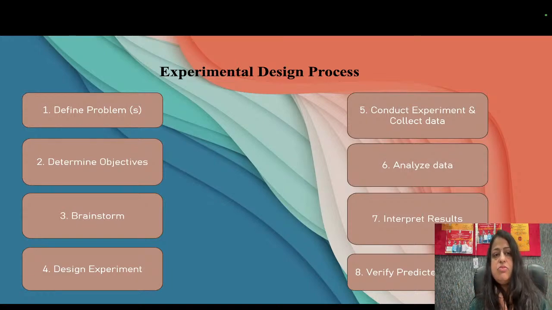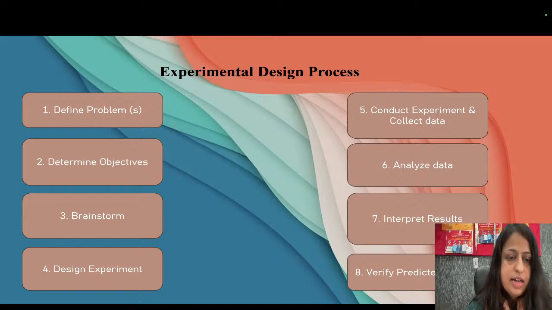Then it will give the evaluation of the responses. That evaluation will show the effect of the independent variables, individually and in combination, on the responses. Then I will analyze the data. My concentration while analyzing the data will be on the p value.